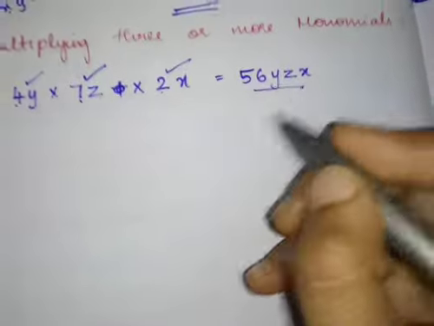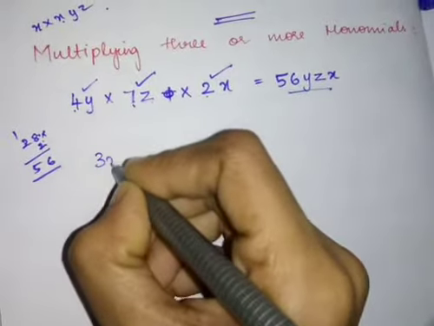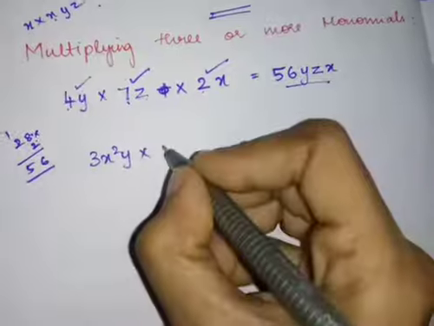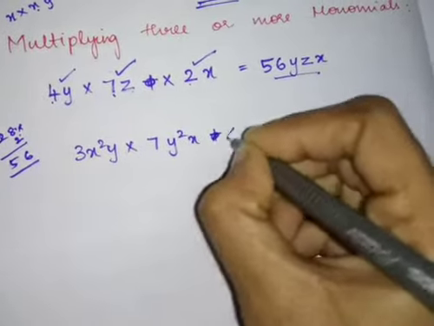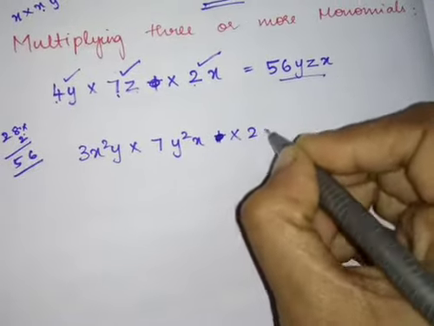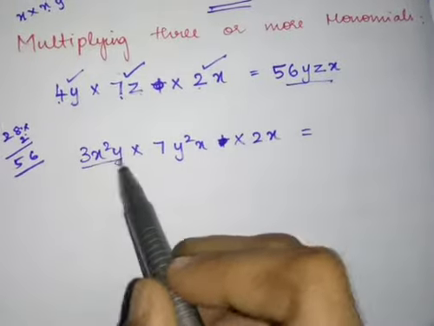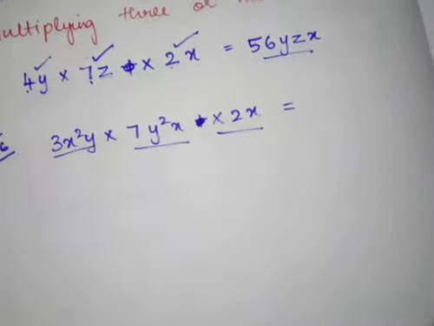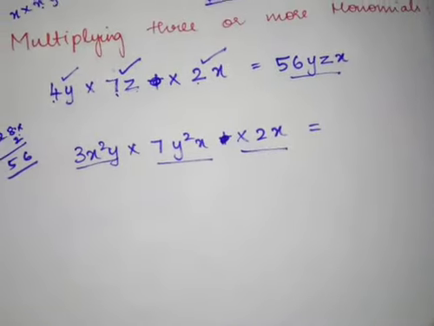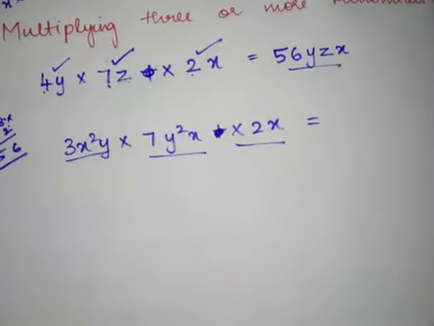Okay. Next, 3x square y into 7y square x into 2x. So this is one monomial, this is one monomial, and this is one monomial. Correct? Now I want to multiply these three monomials.